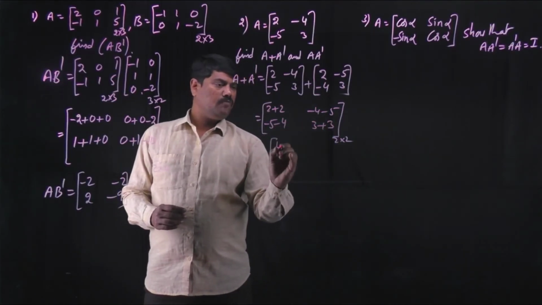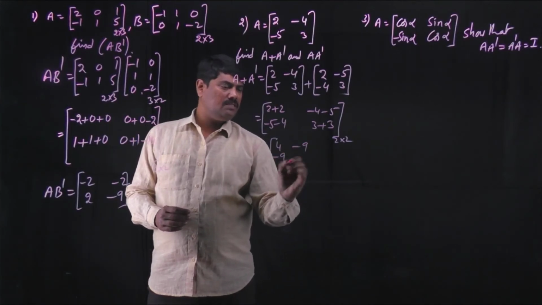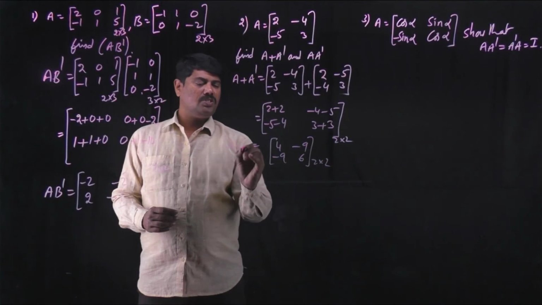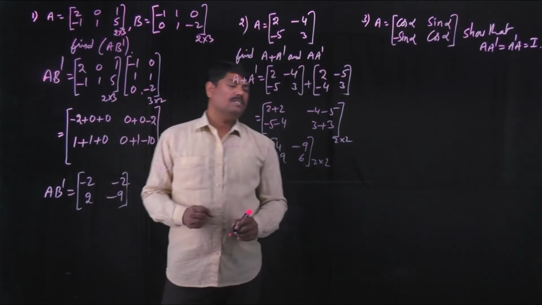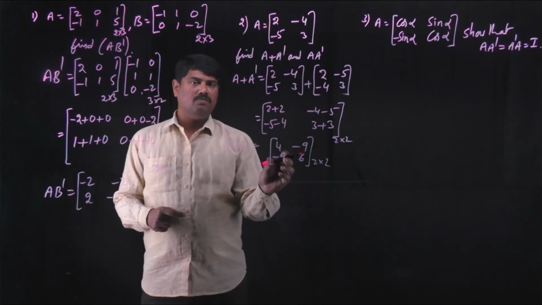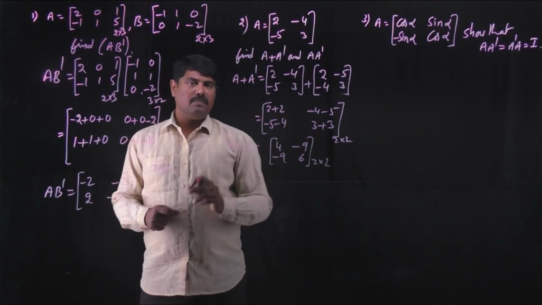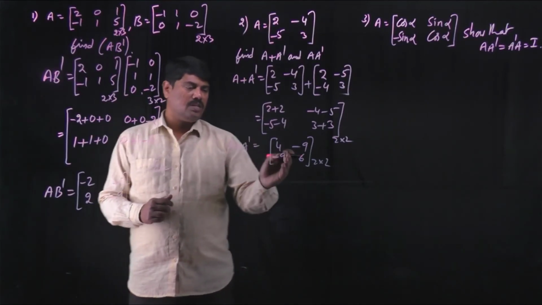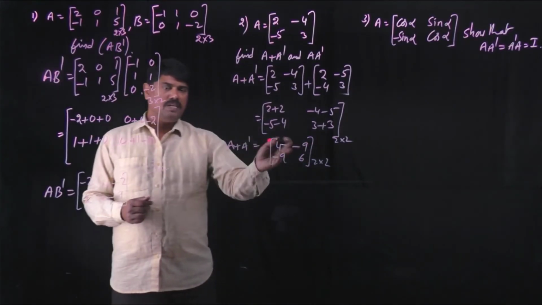So you will get 4 minus 9 6. So A plus A dash is 4 minus 9 6, which is a symmetric matrix. As we already learned one property, for any square matrix A, A plus A transpose is a symmetric matrix. You can observe that changing rows into columns, you again get the same matrix.